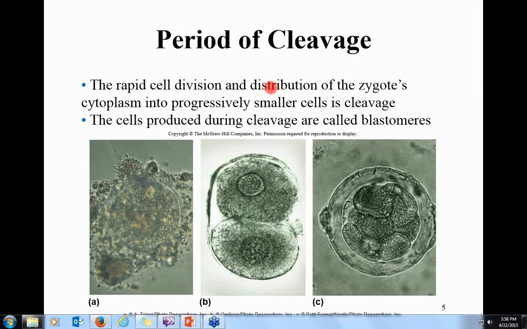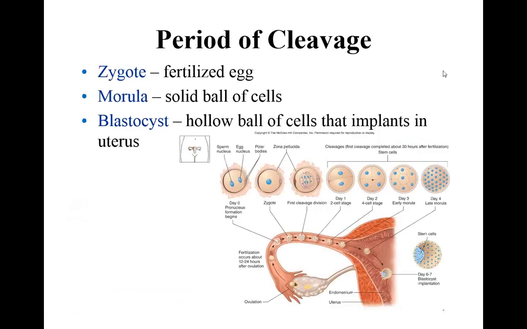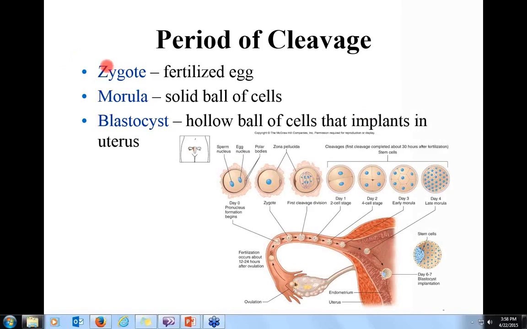The period of cleavage is just rapid cell division, and the cells produced are called blastomeres. So the rapidly dividing cells seen here are called blastomeres. All right, in cleavage, or periods of cleavage, the zygote is the fertilized egg, okay?